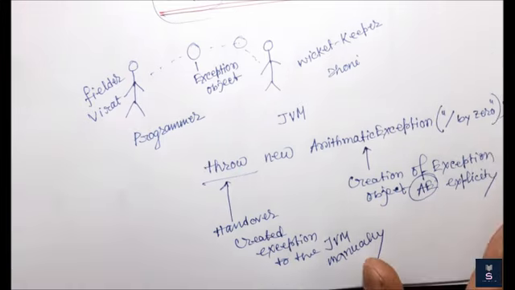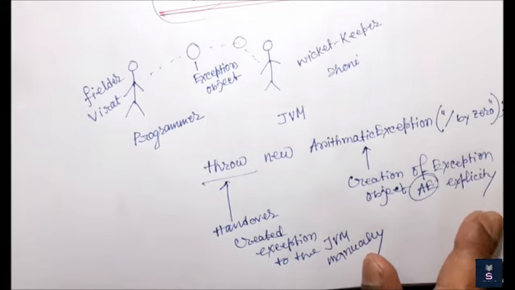So let us take a simple example so that we can understand how to throw an exception. Suppose I am taking a simple class here, the name of the class is Test, with public static void main String args.